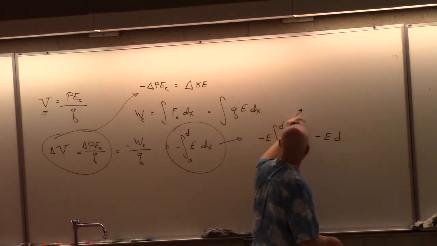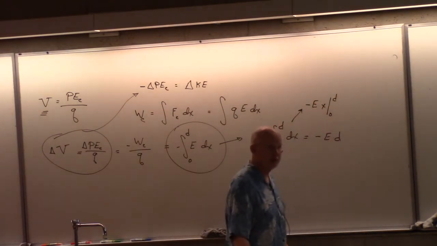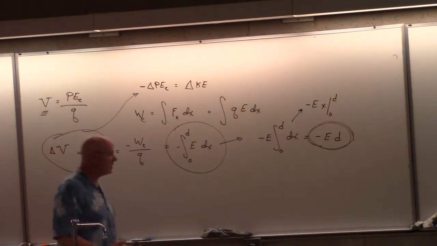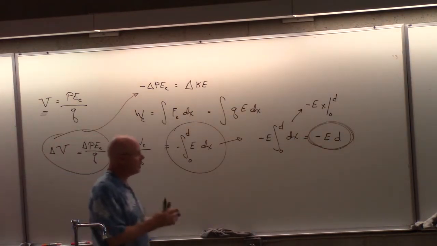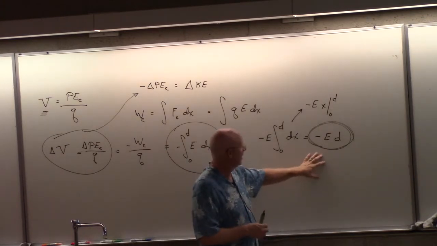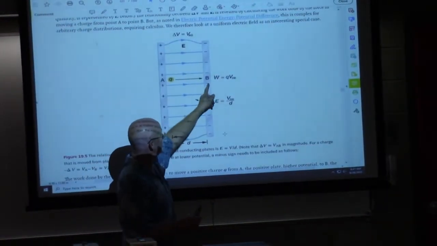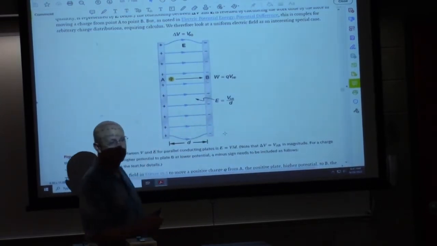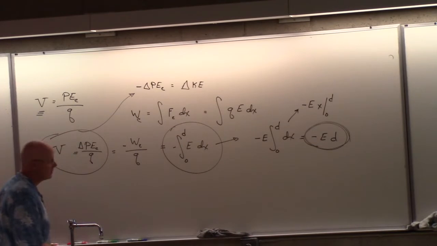So I guess the intermediate step was minus E and then x evaluated from 0 to D. And so our first equation, and a very useful equation, is to say that when something is between two parallel plates and you want to know the change in the potential, it is minus E times D. So as this little charge goes from here to here, I would say the change in the potential is minus E D. And so that's our first equation.